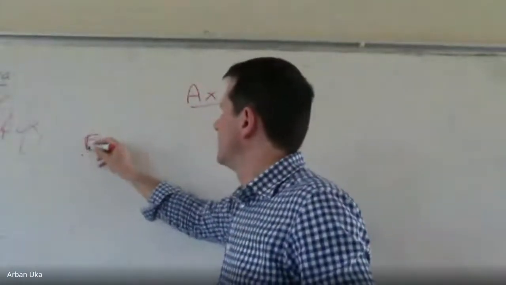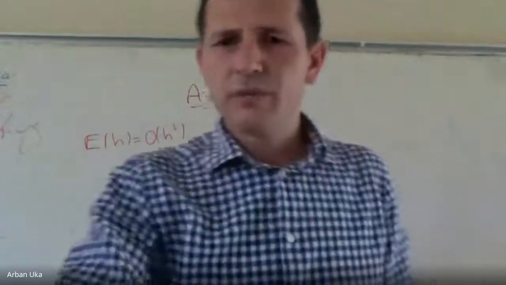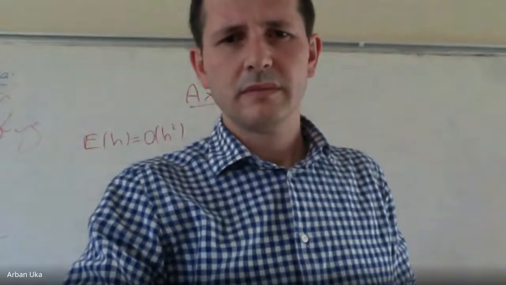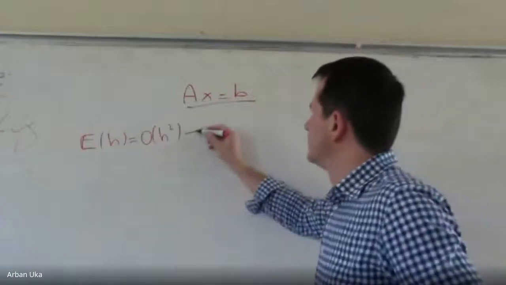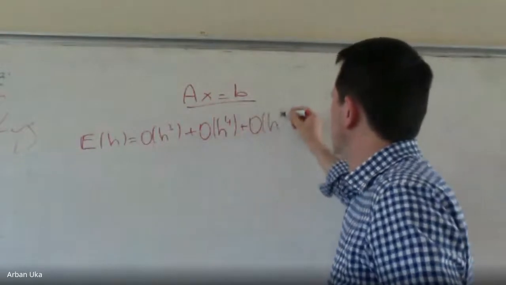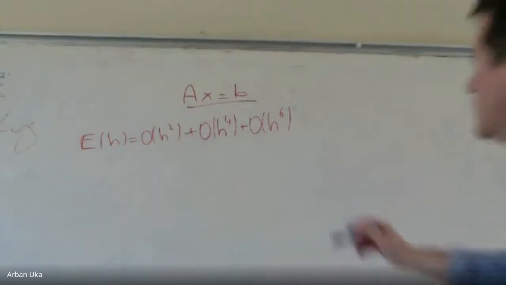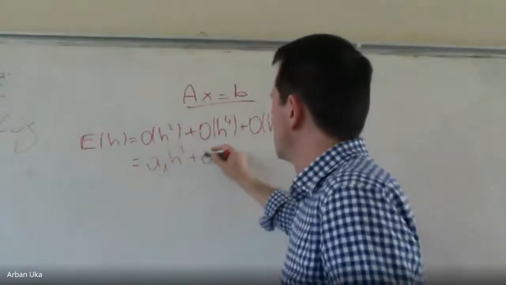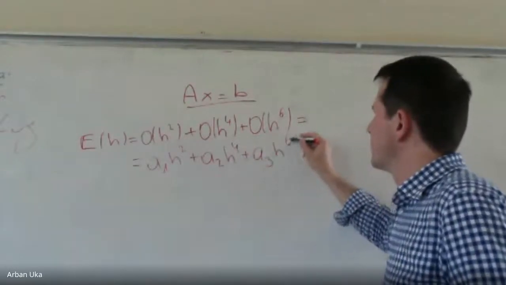The error as a function of h is something like O(h squared), and it is approximately equal to A1 h squared plus A2 h to the power 4 plus A3 h to the power 6.